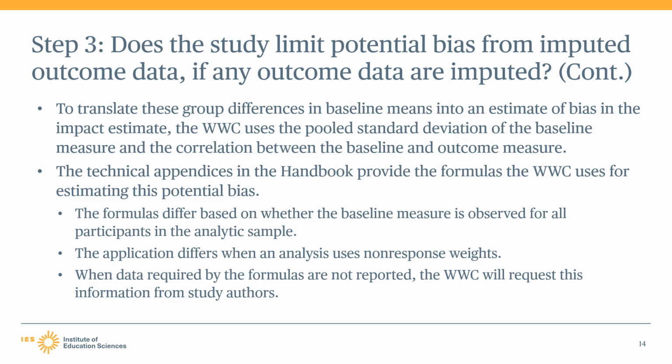The formulas used to assess this bias also differ if the baseline measure is not observed for all participants in the analytic sample, or if the analyses use non-response weights. If these data are not reported in the study, then the WWC will request this information from the study authors. Studies that use complete case analysis do not need to complete the bounding exercise, as they do not have any imputed data.